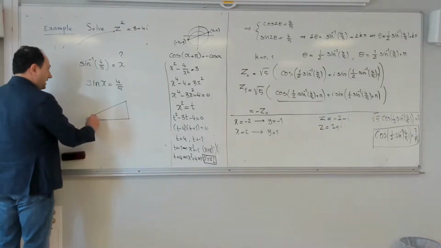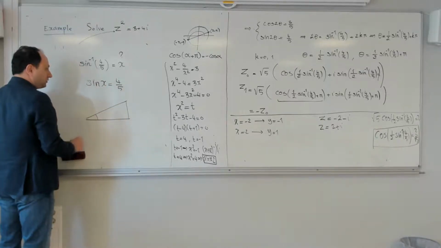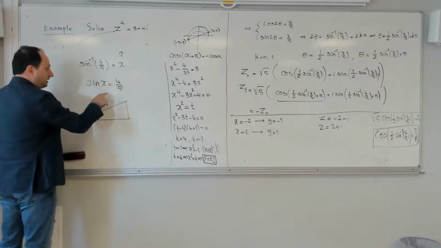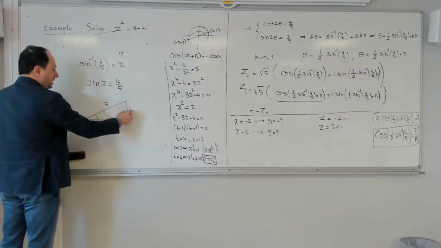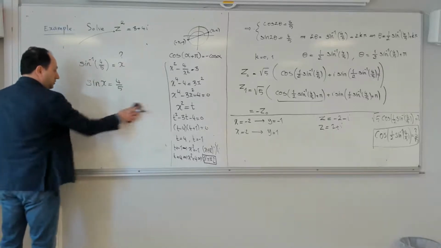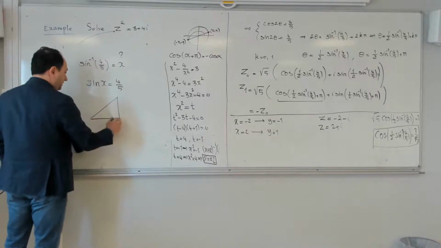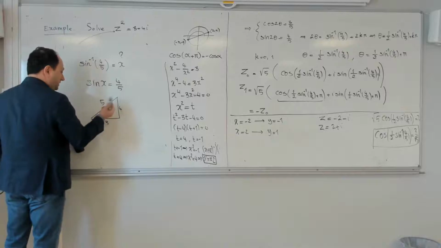If I have a right angle triangle, do you agree? Because sine x is equal to 4 over 5, I can consider a right angle triangle whose hypotenuse is equal to 5 and the opposite side is equal to 4. This is not a good picture because this should be smaller. Anyway, 4, 5, 4, and this should be 3 then, yes?